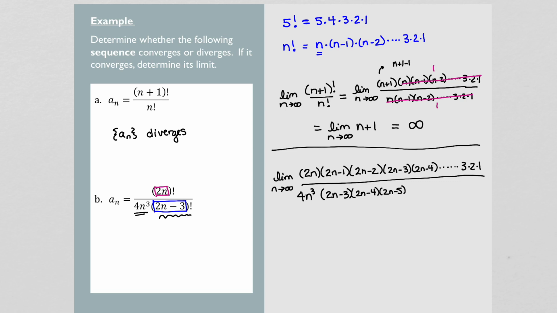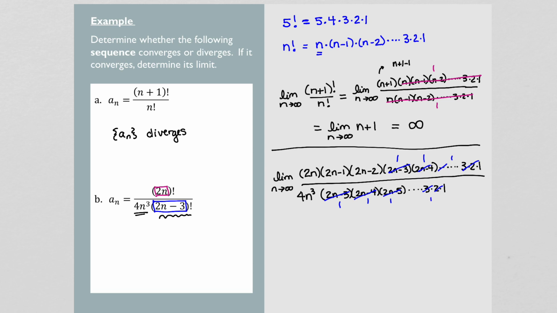I don't need to write any more; I'll just go down to 3, 2, 1 because I see a pattern. Notice the 2n minus 3 actually cancels from both the numerator and the denominator. So does the 2n minus 4, and the 2n minus 5, and everything that comes after 2n minus 3.